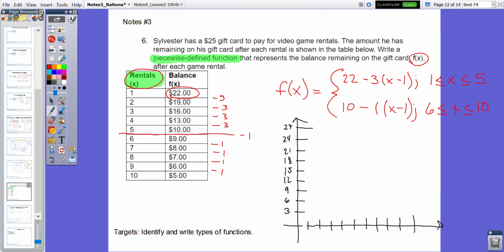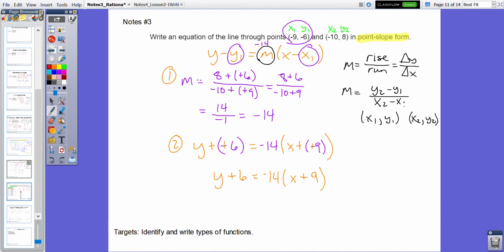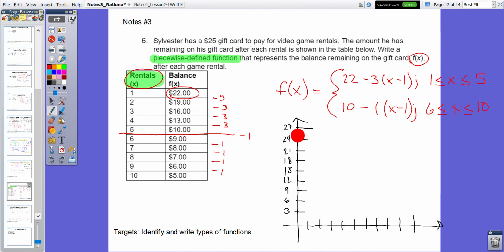So when we go to graph this, we start at 25, which is that right there. Okay. So that's our first point right there. So 25 is about right there.